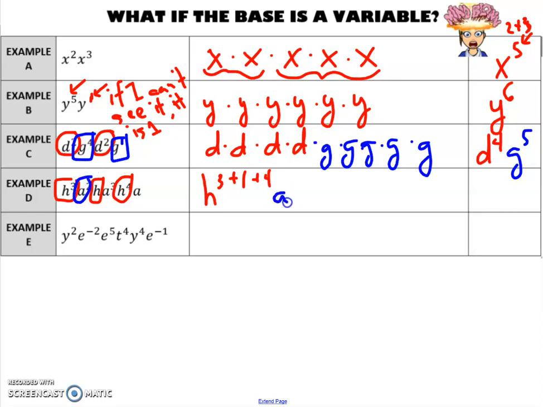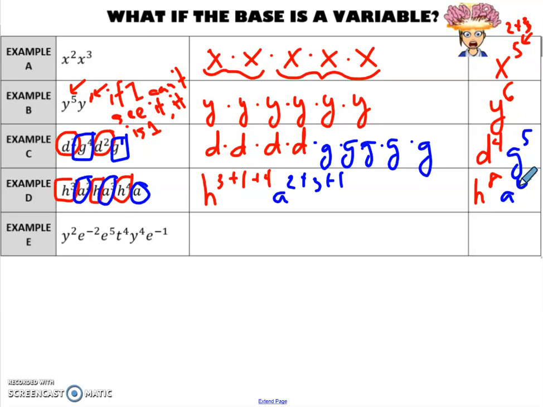I have a squared, then the next one is cubed, so plus 3, and the last one, I don't see it, so it is plus 1. Now if I put this together, I add up the exponents for h: 3 plus 1 is 4, plus 4 is 8. Then for a: 2 plus 3 is 5, plus 1 is 6. So h to the 8, a to the 6.